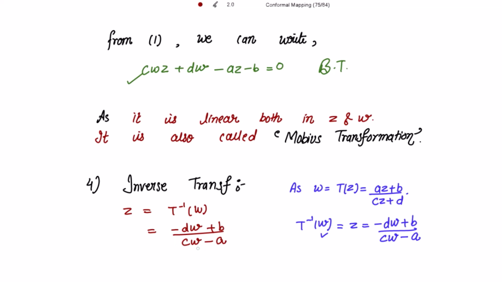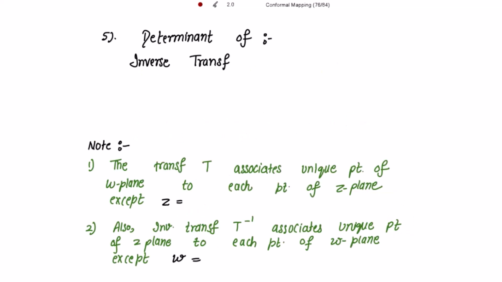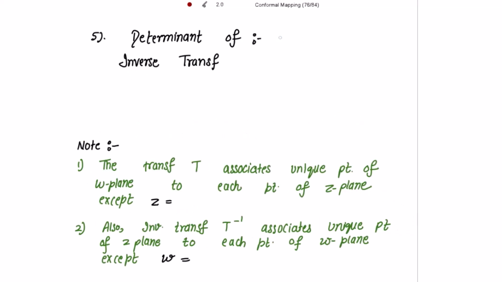So again we get the determinant as ad minus bc, which is the same as that of the bilinear transformation. So the determinant of the bilinear transformation and the inverse transformation is the same, that is ad minus bc.